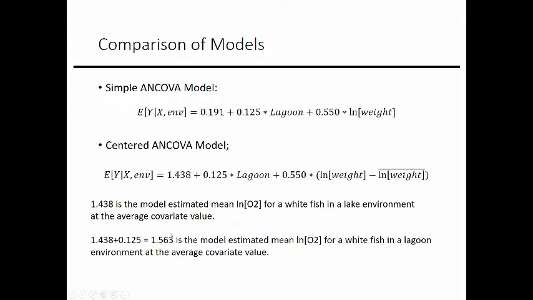If you go back and look at the very first ANOVA we did, the straight up arithmetic mean for the natural log of oxygen for the lake environment was about 1.45-ish. Now remember, we took one observation out so these aren't going to match up exactly. And we ended up with about a 1.55 for the mean natural log of oxygen for the whitefish.